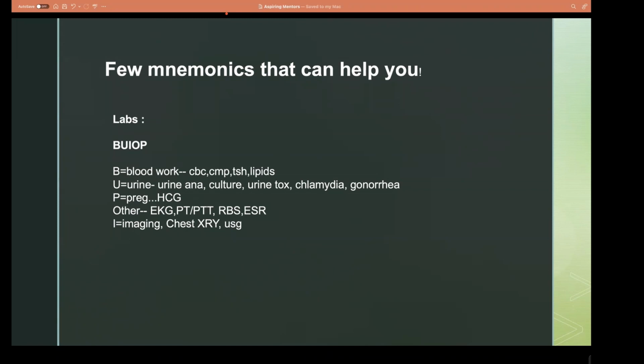In every young lady, don't forget to do a pregnancy test. Don't forget to do a urine test, urine analysis. So these are best. If the patient is a young patient, confused, don't forget to do a urine toxicology test. When you practice it, you will know that these will detect marks.